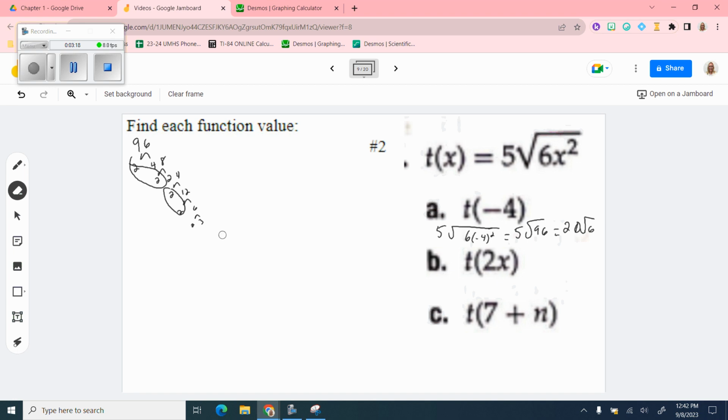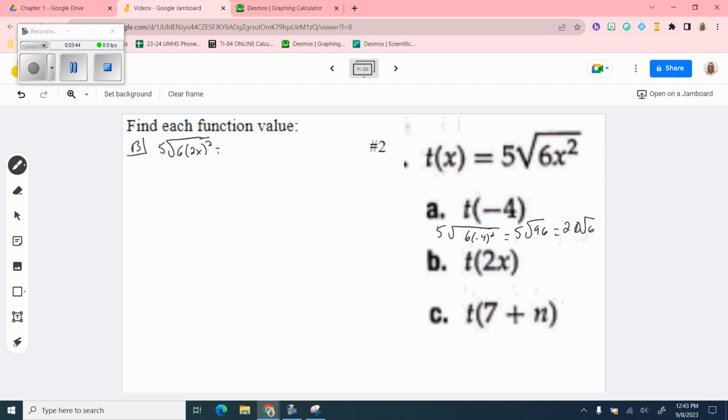If you want to watch that here, you can stop the video, but I do need to erase this just because I need the room for the rest of it. So we'll do this next. All right, so we'll do part B over here. 5 times 6 times 2x squared.